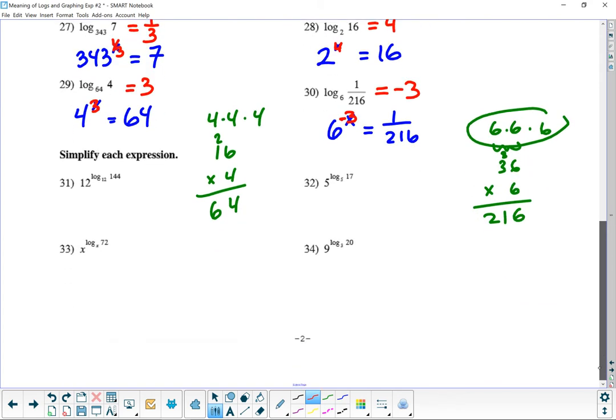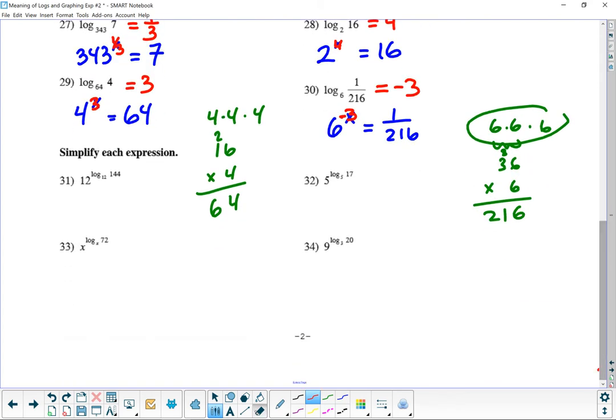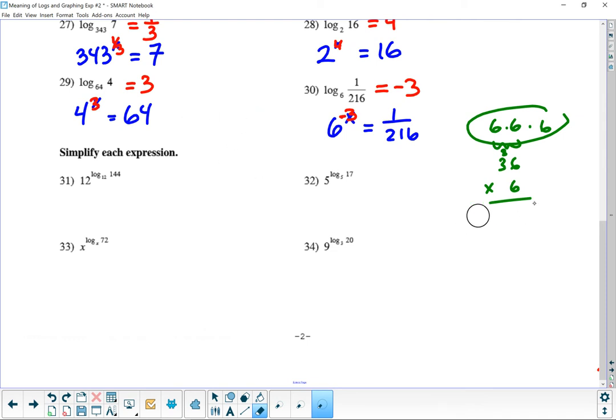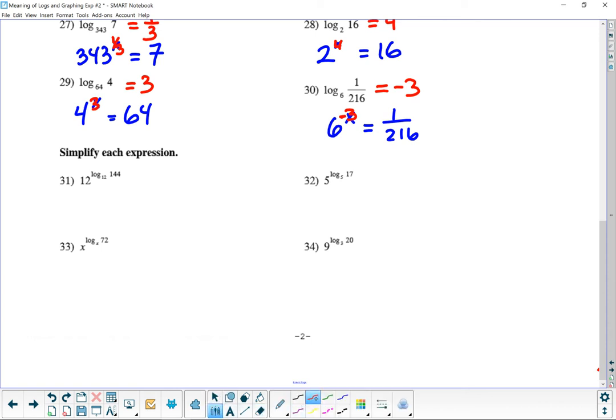All right, and the few at the bottom, the direction just says, simplify each expression. Right? So if we use what we just learned today and we simplify this, let's just say this is equal to x, right?